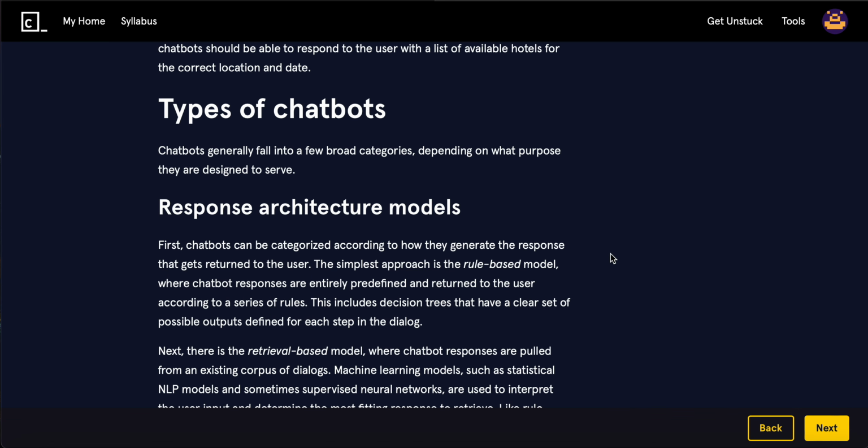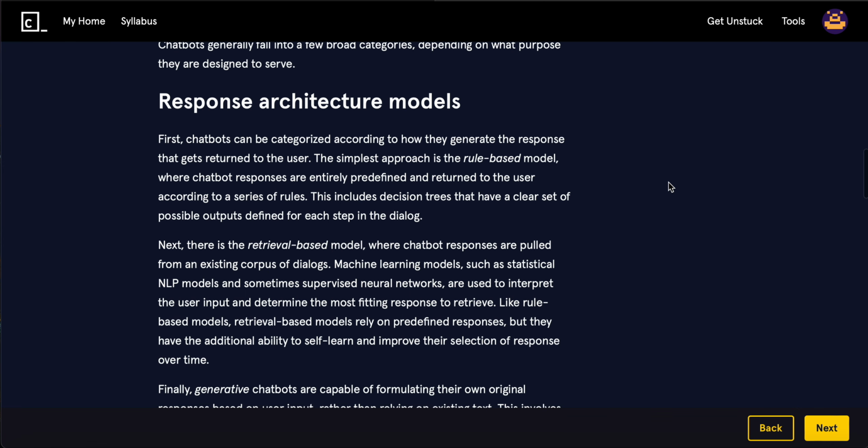Now, here are the types of chatbots. Chatbots generally fall into a few broad categories depending on what purpose they are designed to serve. First, response architecture models. These chatbots can be categorized according to how they generate the response that gets returned to the user.